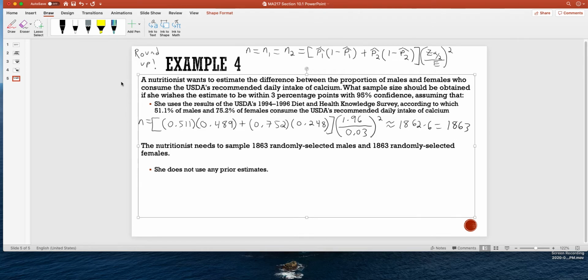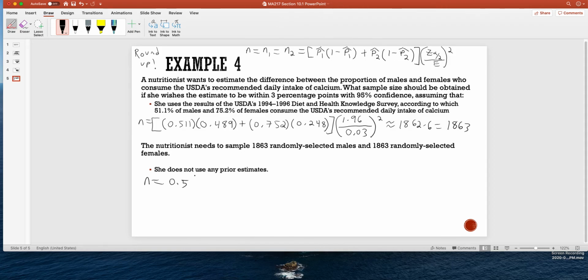If she does not use a prior estimate, then this formula is a little bit less complicated. This entire sum is simply 0.5, which maximizes this sample size. So without prior estimates, this entire thing is 0.5.